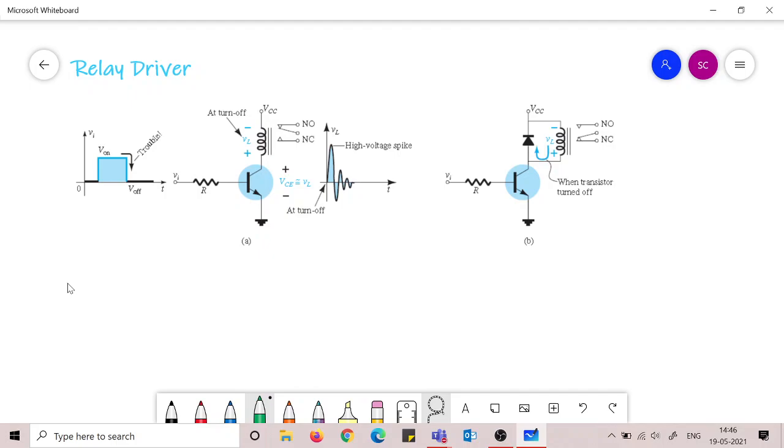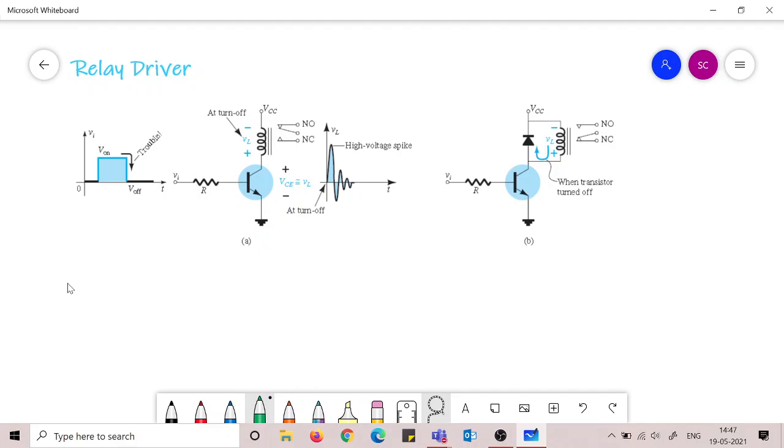Okay. But now there is a problem. What is the problem? The problem is that this current does not become 0 all of a sudden, because we know that the current through a solenoid cannot change instantaneously. So there will be some high voltage spike, and the faster it tries to reduce, the greater the amount of voltage produced across the solenoid. This we know from basic understanding of how inductors work.